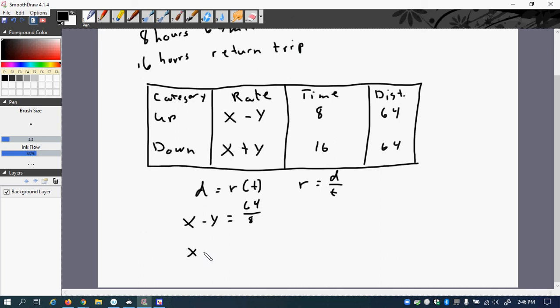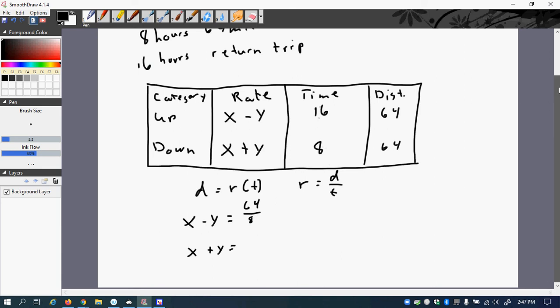And then the other one, x plus y, which is equal to, wait a second, I have messed up. This should be the other way around. So this should be 16, and this should be 8, right?